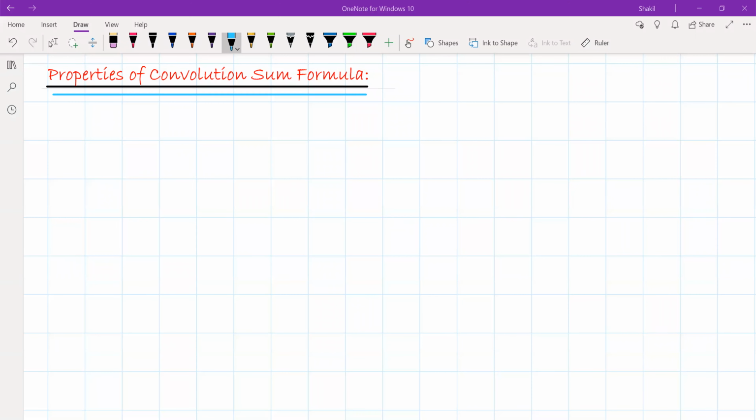Welcome. In this session, we'll learn something more about this convolution sum formula.